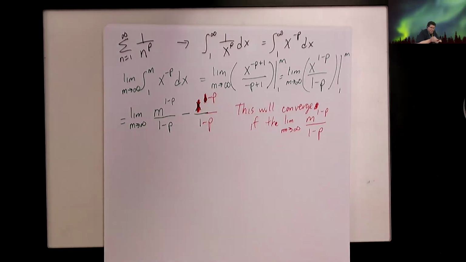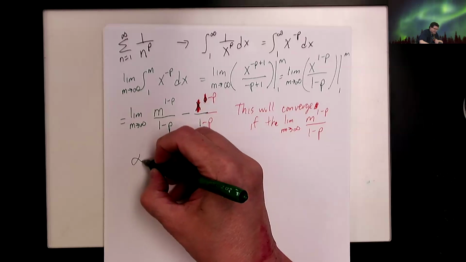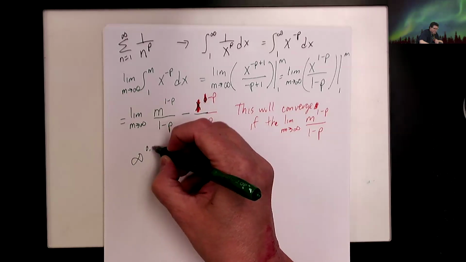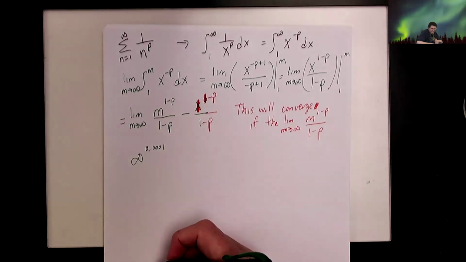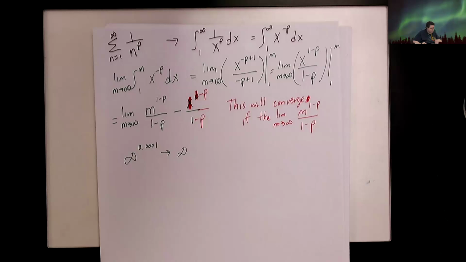So when does this converge? Even if we have infinity to the 0.00001, that's still infinity, right? It's still going up and up and up.